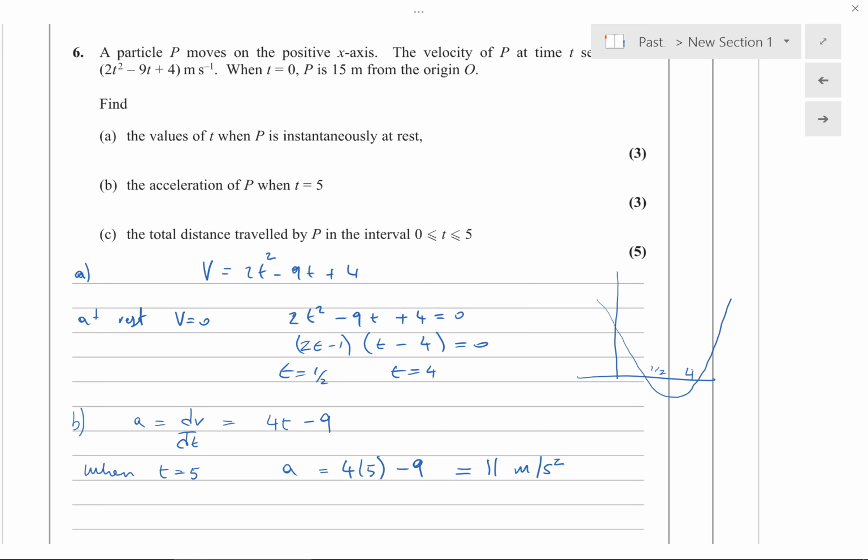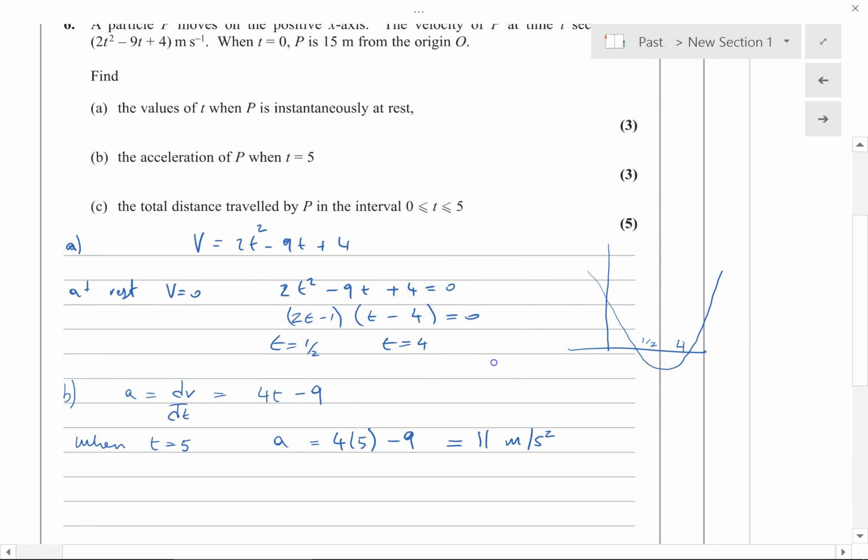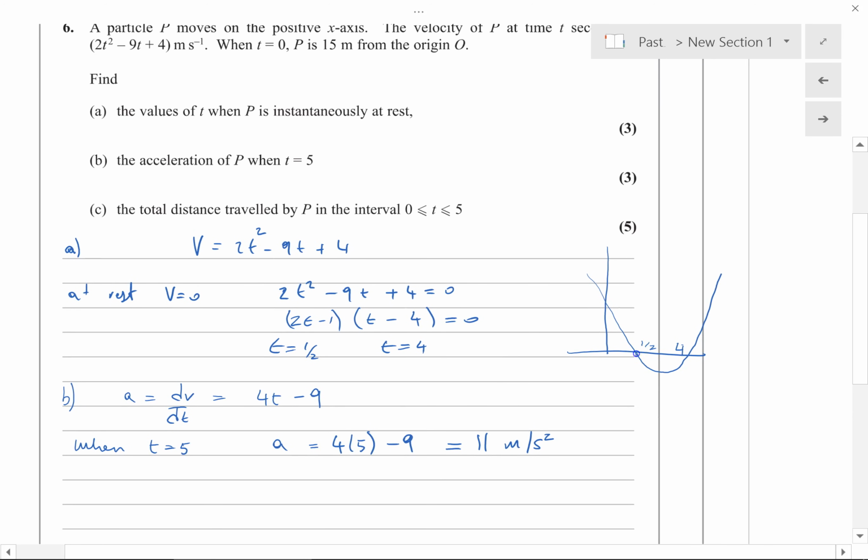Right, now part C is going to be a bit more involved than it might first appear, because we really need to consider the motion between 0 and a half, between a half and 4, and between 4 and 5. If you try and integrate and just put 5 in, then you're just going to get the wrong answer, because you're going to get the displacement, but it wants distance.